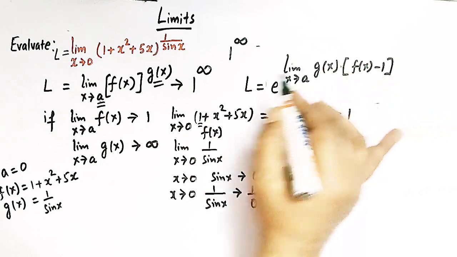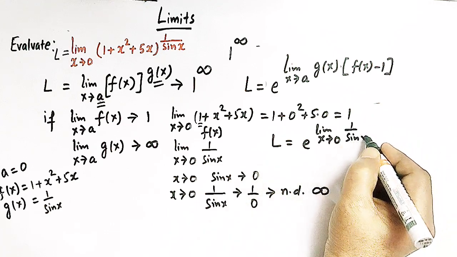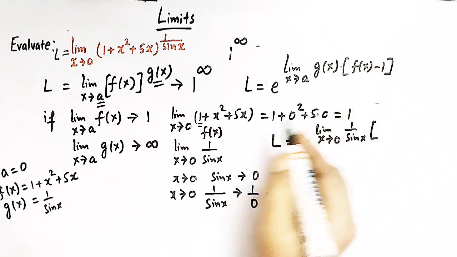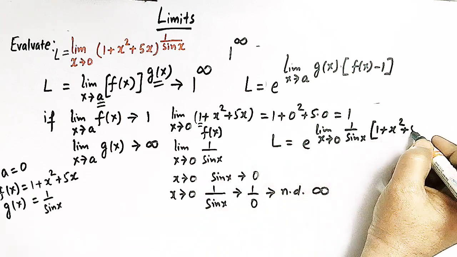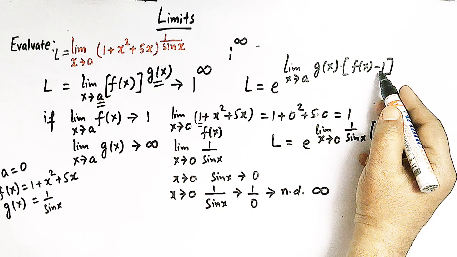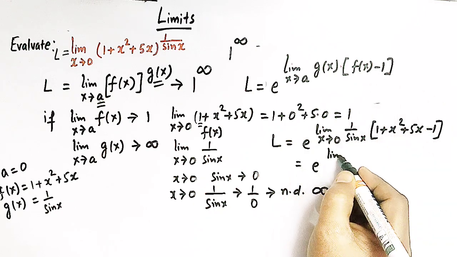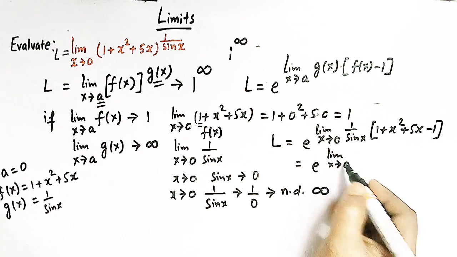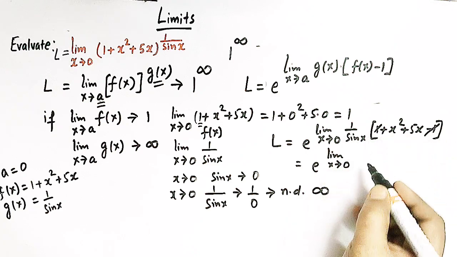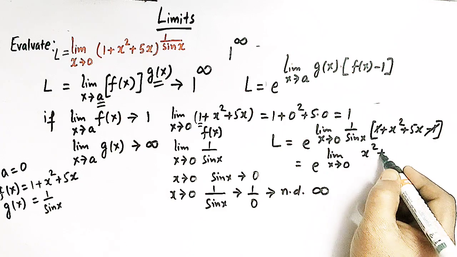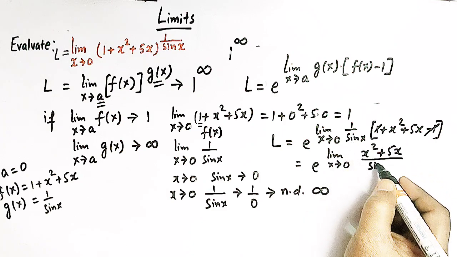For g of x we can write 1 over sine x, and f of x is 1 plus x square plus 5x, and here we have minus 1. So now we can simplify it. e raised to limit x tends to 0, and here this 1 and this 1 get cancelled, and we have x square plus 5x divided by sine x.